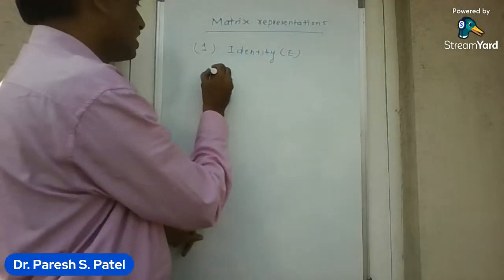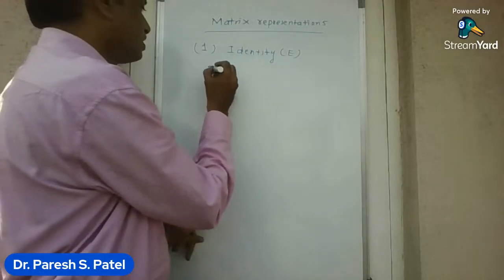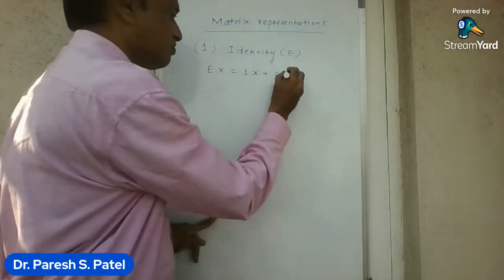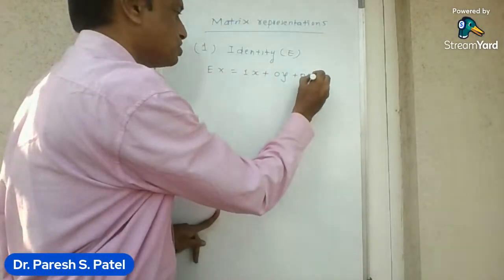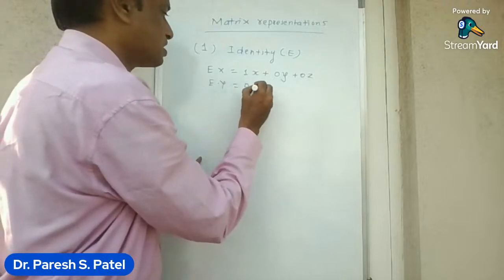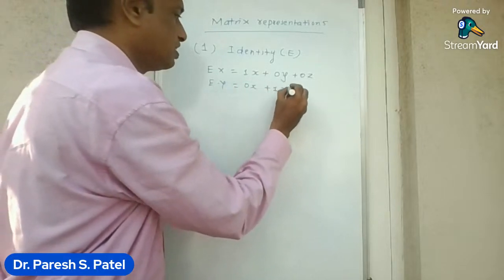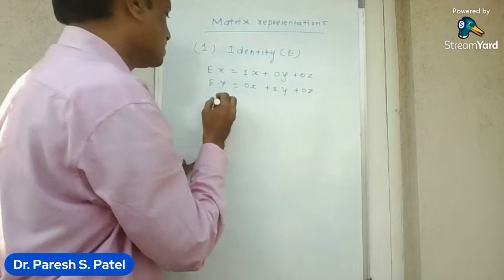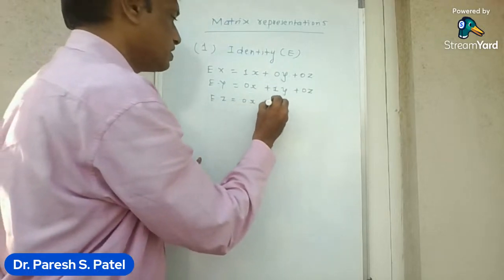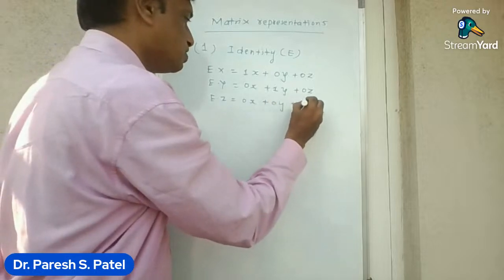It means along the x-axis, what will happen? E into x is equal to, there is no change, so 1 into x, 0 into y, and 0 into z. Similarly, E into y is equal to 0 into x; along the y-axis it should be 1, and along the z-axis it is 0. E into z is equal to 0 into x plus 0 into y plus 1 into z.